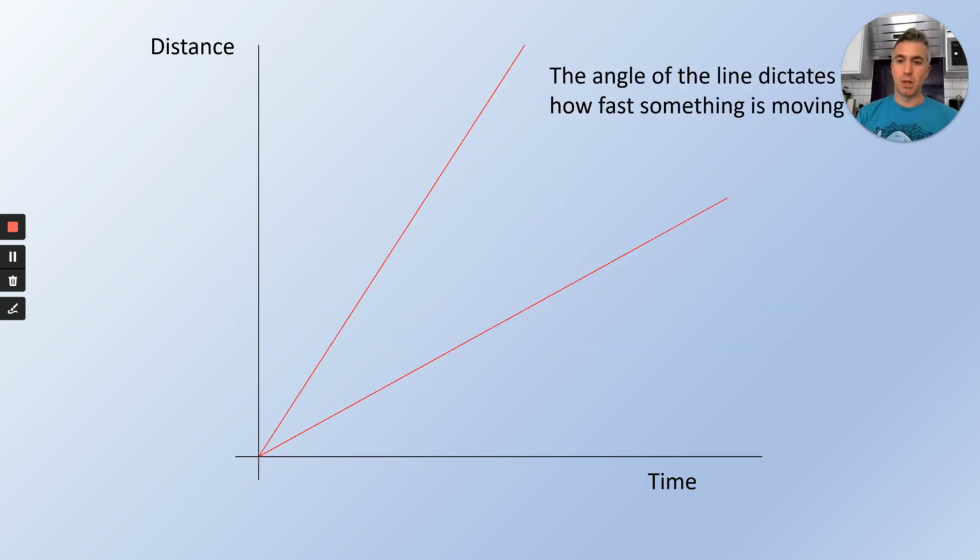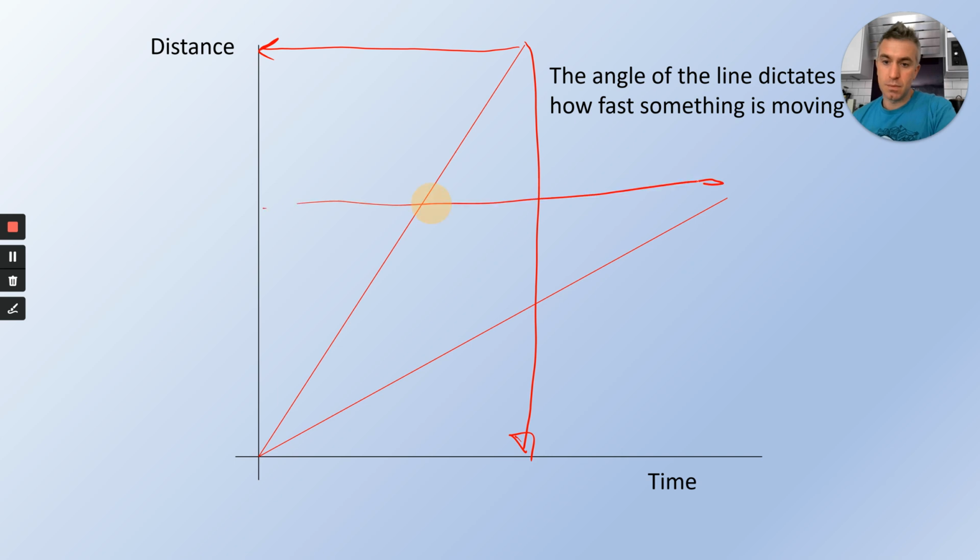Difference between these two lines: this one takes half the amount of time to go the whole distance, whereas this one only does half the distance in all of the time. So this line, in a small amount of time, goes a long way. This one means it's going fast. So if you have a diagonal line with a steep gradient, it's going fast.